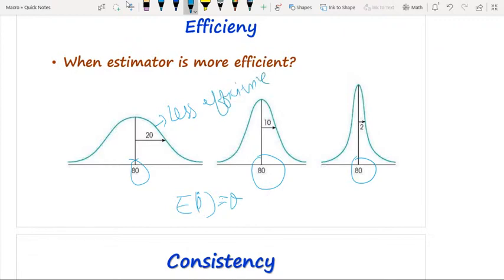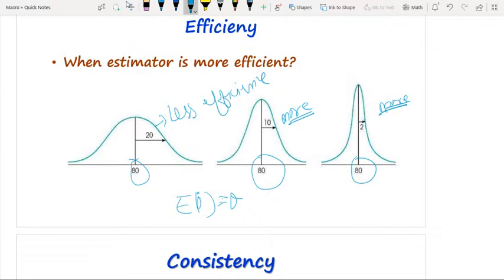Here the variance is lower than the first case, so this is more efficient than the first case, and this is more efficient than the first and second case since the variance is very low. We will see in a while with an Excel example what the variance of the estimator means.